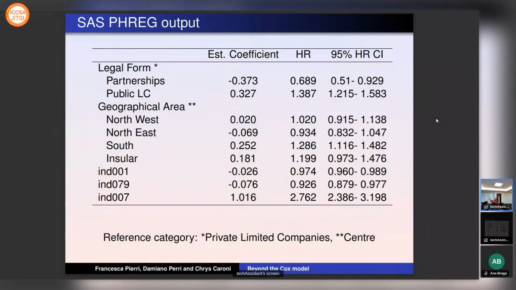When you consider the categorical variable, you have a reference category. So you have to consider which is the reference category. So, for instance, the South has a hazard ratio of 1.286, so it goes to bankruptcy more frequently, or with a higher probability, than the Central.